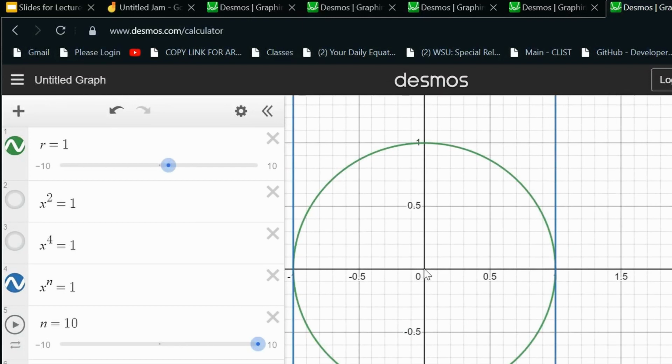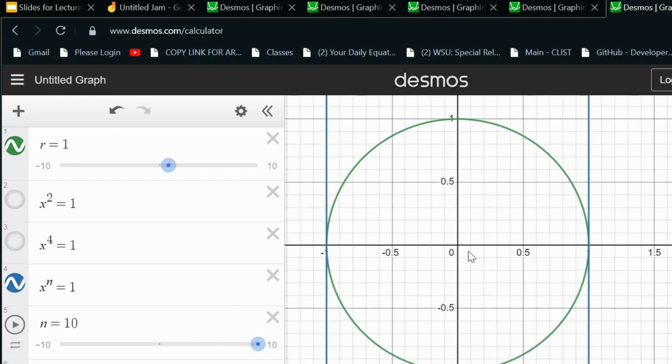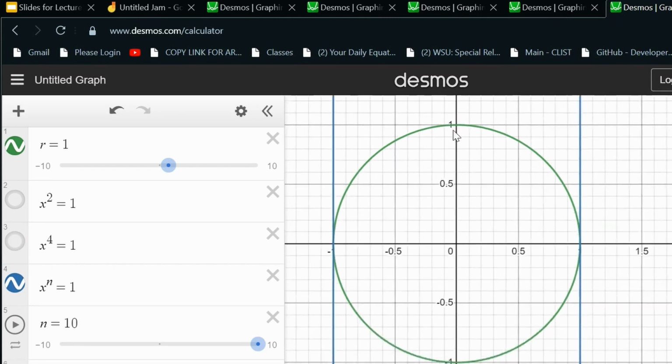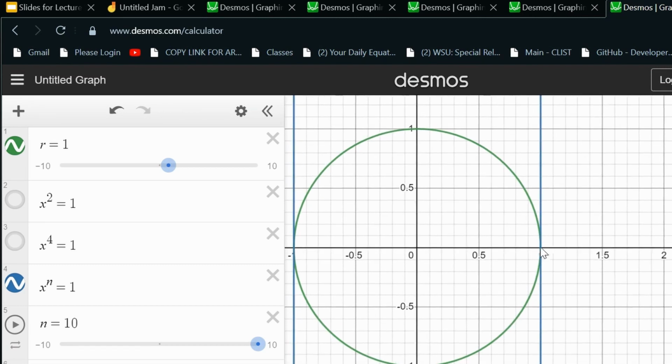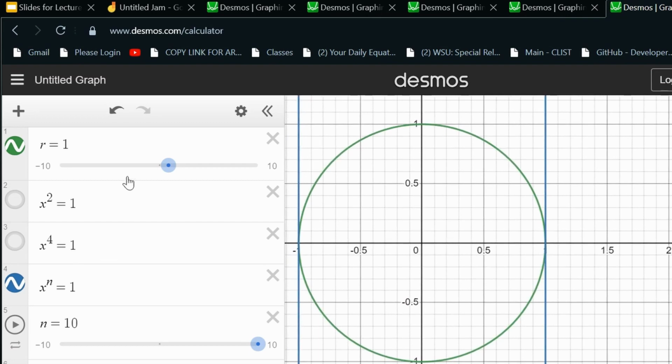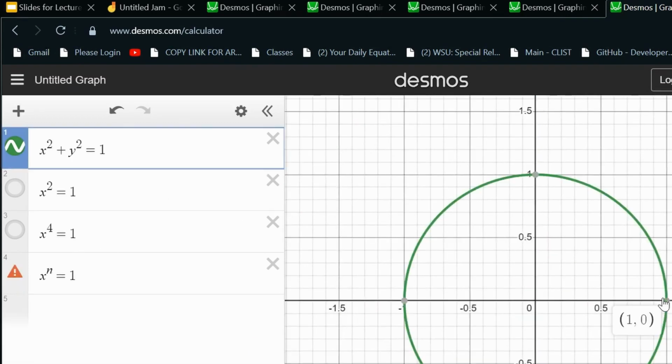We basically divide the circle into n equal parts, and the points that we get are the roots of unity. For example, for x raised to 4, there are 4 equal parts of the circle. We know that 1 comma 0 is always going to be a solution to x raised to n equals 1.